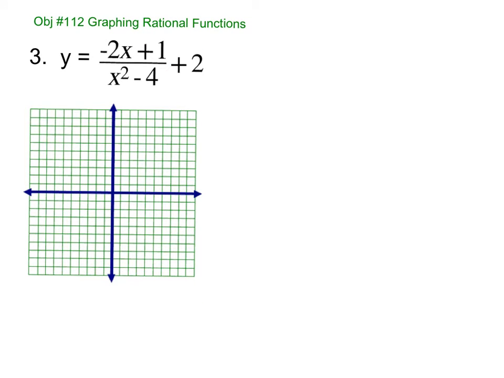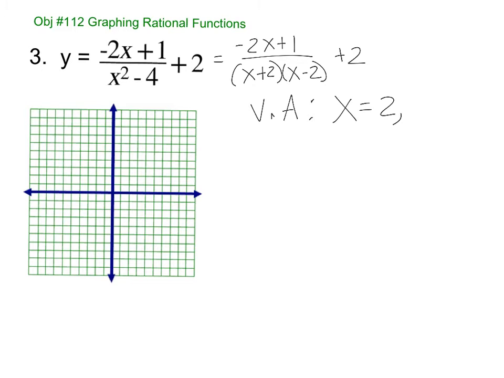All right. Now, this one's a little different. So I'm going to start by rewriting it as (-2x plus 1) over (x plus 2)(x minus 2), plus 2. All right. Vertical asymptotes: x equals 2 and x equals -2. I don't put plus or minus 2 because they are equations.